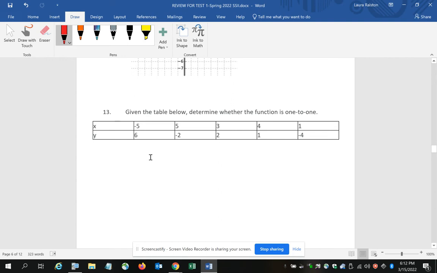To be a function, remember we use the vertical line test, or from a table standpoint, you want no repeat in the x values.